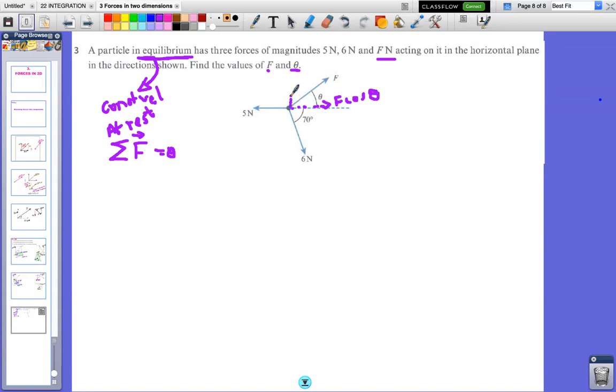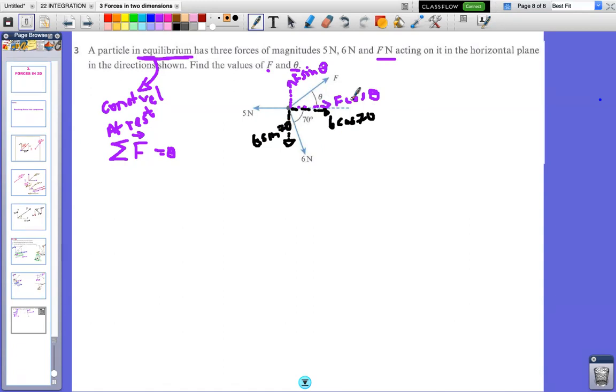It will have a vertical component, which is F sine theta. And this 6 Newton force will have a horizontal component this way, which is 6 cos 70. It will have a vertical component, which is 6 sine 70.